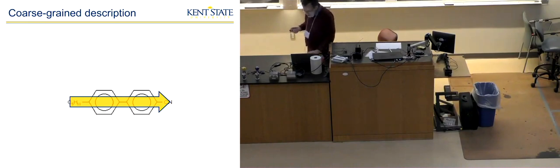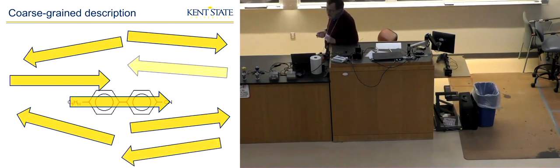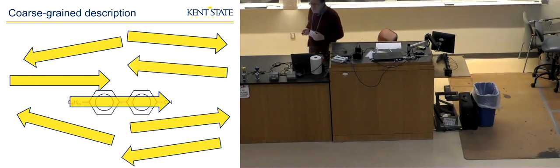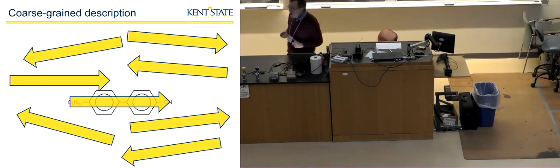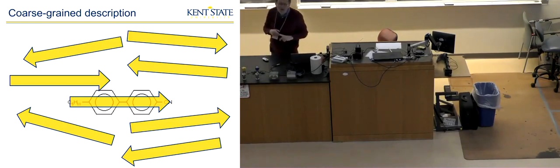And then, if you have a large population of such molecules, you could ask, what's the distribution of orientations of these arrows? Are they pointing in all random directions in space, or are they all pointing in the same direction? Or do they have some statistical ordering, like a ferromagnet?